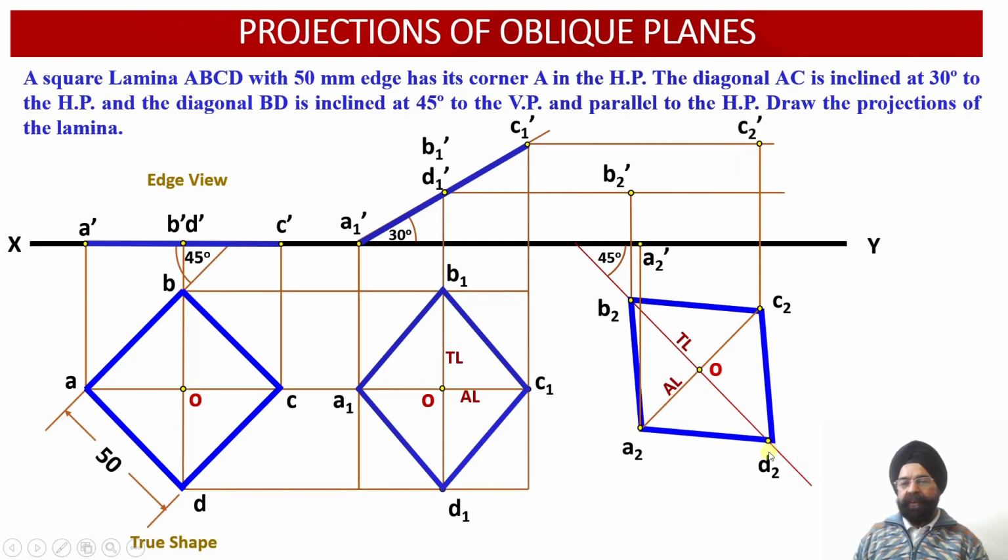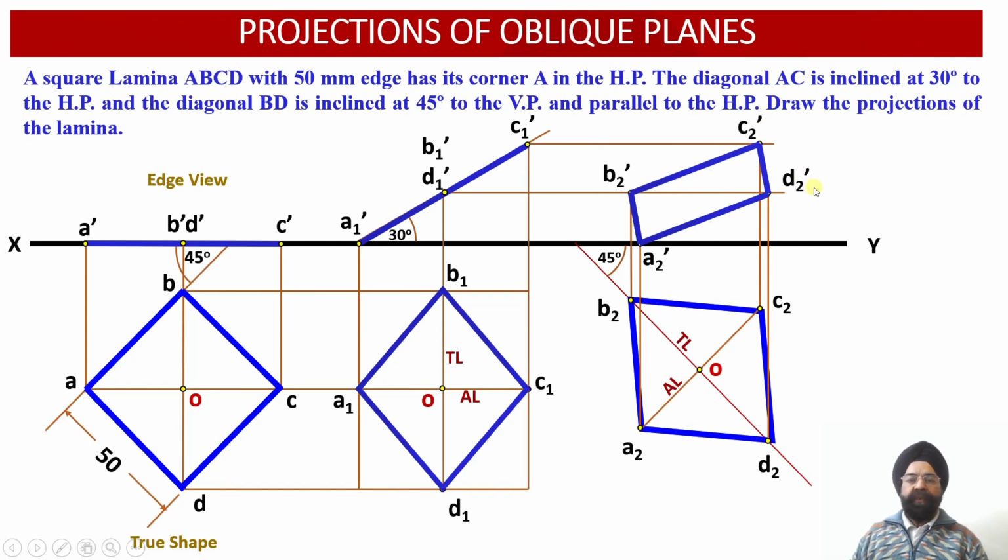And finally, we are going to draw the vertical projector through the point D2 over here, and extend this vertical projector till it intersects with the horizontal projector line which has been drawn through the point D1 dash. So we have been able to obtain the front view elevation projections of this oblique lamina, A2 dash, B2 dash, C2 dash and D2 dash.